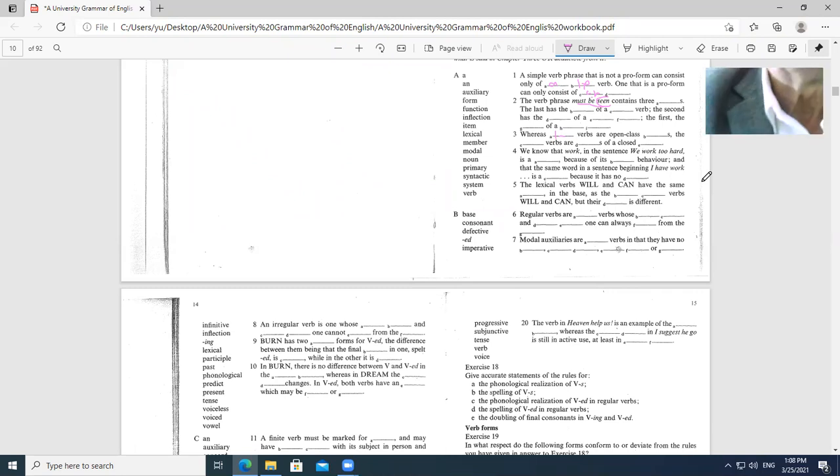So here we can say they look the same: the lexical verbs will and can have the same form in the base as the modal auxiliary verbs will and can, but their function is different. Okay.